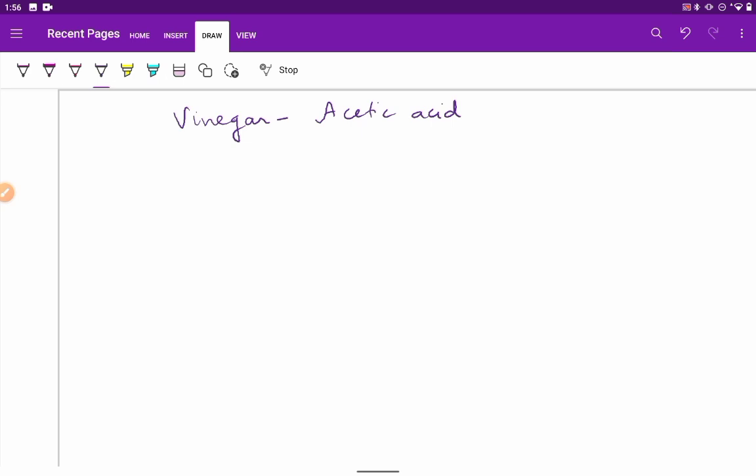Next, tamarind contains tartaric acid. Tomato has oxalic acid.